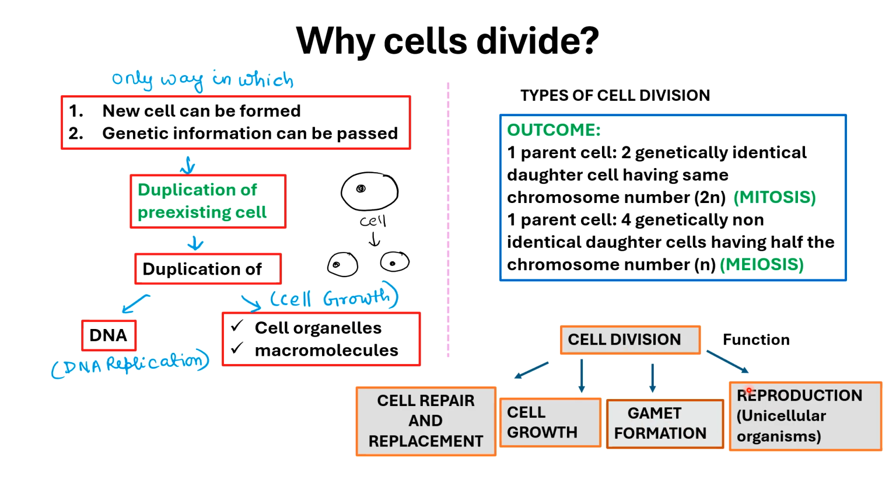Now this cell division can also be a mode of reproduction. In which kind of organisms? In the case of unicellular organisms. So basically cell repair, replacement, cell growth and reproduction all take place by mitotic cell division, and gamete formation undergoes meiosis, right? We will know more about it in the upcoming slides.